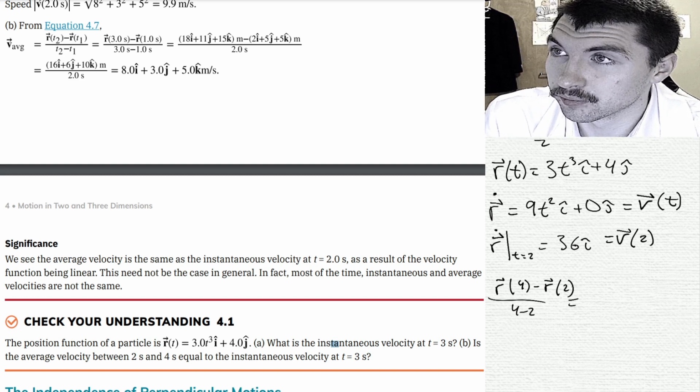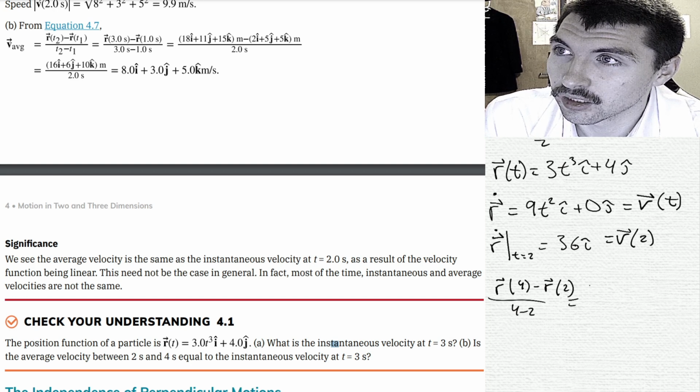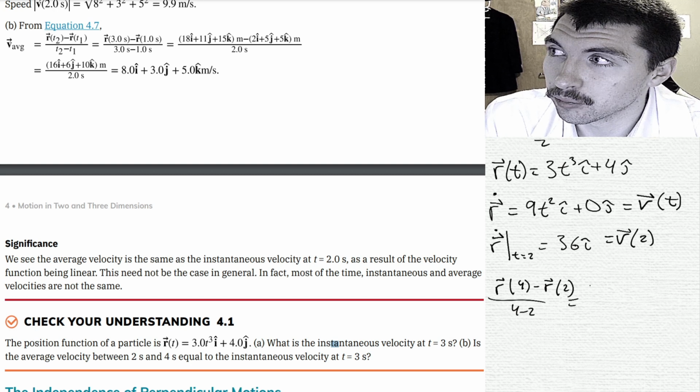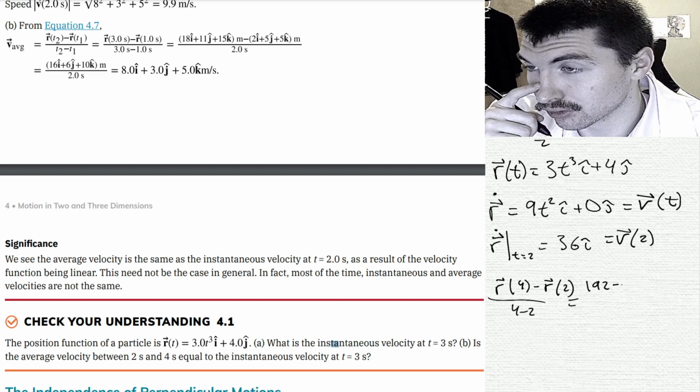So that's 4 cubed, 64 times 3 is 192, plus 4, minus r of 2, which is going to be 4.